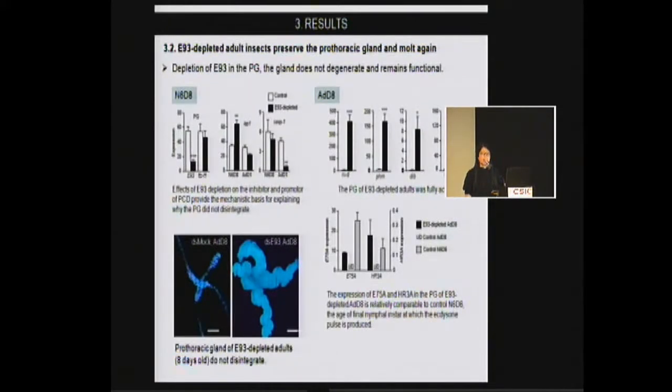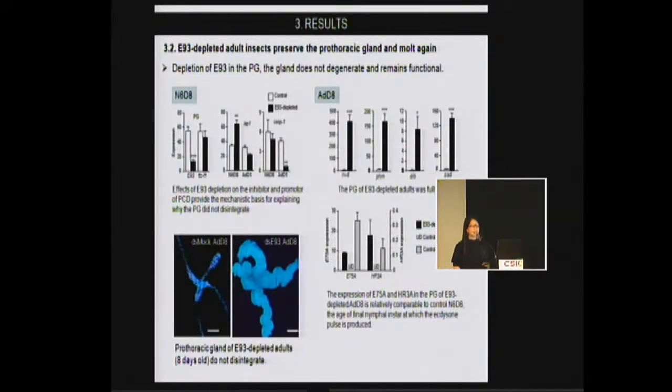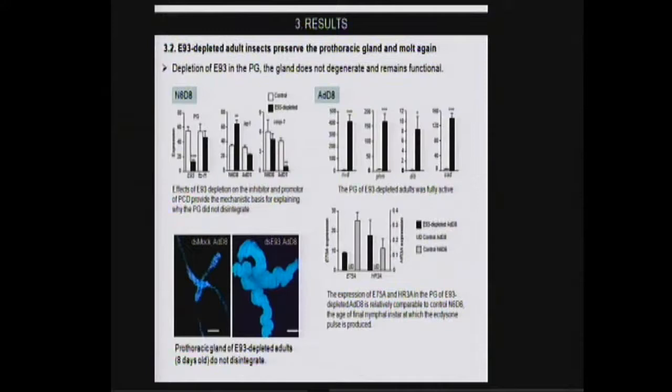Then we measured the expression of E93 and Fushi tarazu factor 1 in the prothoracic gland on NIM6D8 just to test the efficiency of the double strand. And we also found that when we deplete E93, the Fushi tarazu transcription factor 1 expression did not go down. So it does not affect those genes.